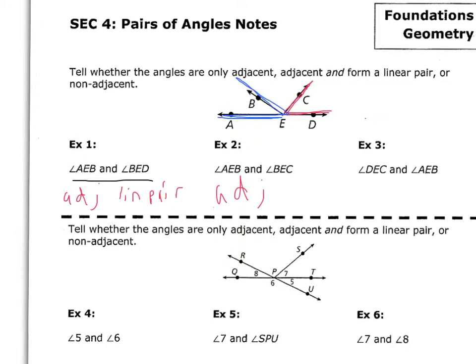So this time they have a common vertex, but they don't have a common side, so they are not adjacent angles. So this one would be not adjacent. Okay, so you just need to know those 3 different things: whether they have a common vertex, a common side, and they have to form an opposite ray.